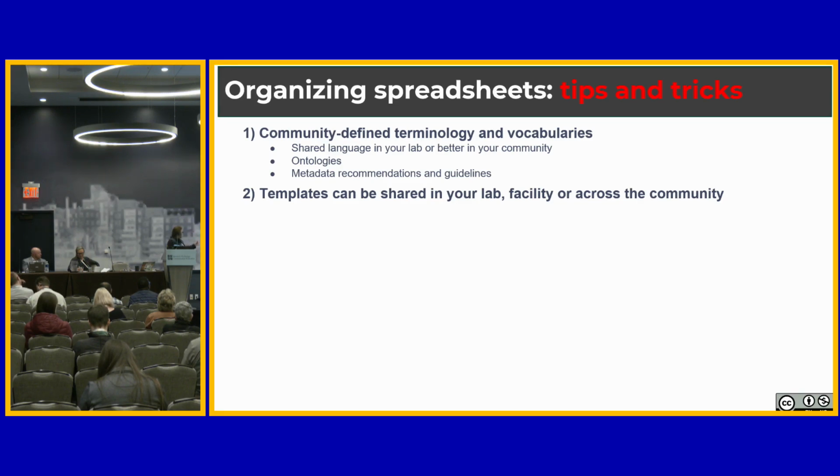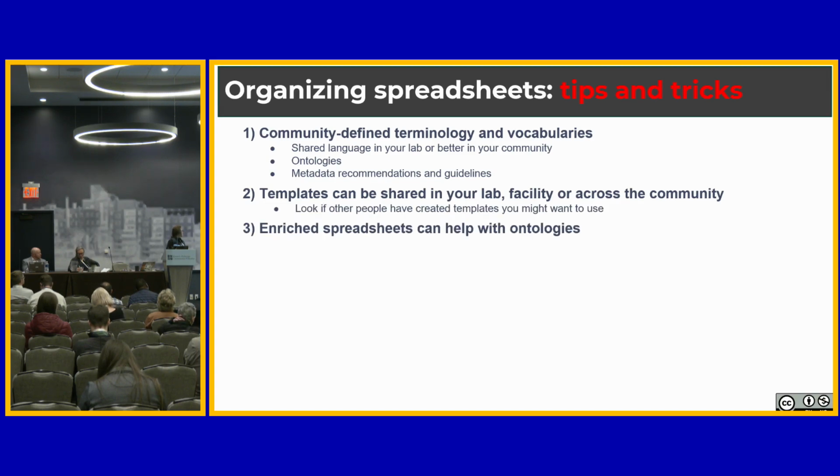Once we have created a little bit more of an organized template with some shared language, what about sharing it with other people? And maybe even before we start producing our own, we can see if other people have already produced similar things that we can reuse.